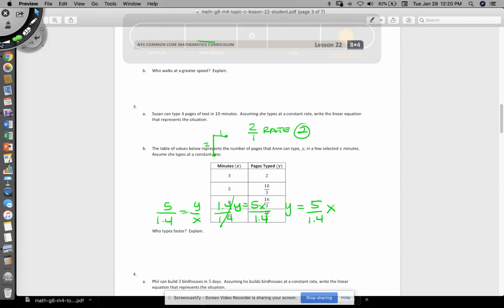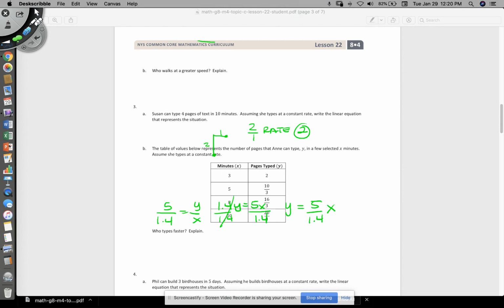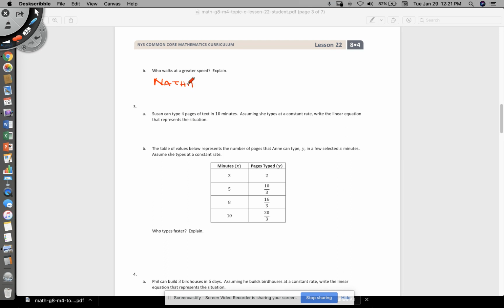Now it wants to know who goes faster. And sometimes it's hard to determine that when one of your numbers has a decimal in the denominator. But in this case, it's a little bit easier because Nathan was a whole number. So Nathan, his rate was 2. All right, so who went faster? So we have Nathan at a rate of 2 to 1. And then we have Nicole.